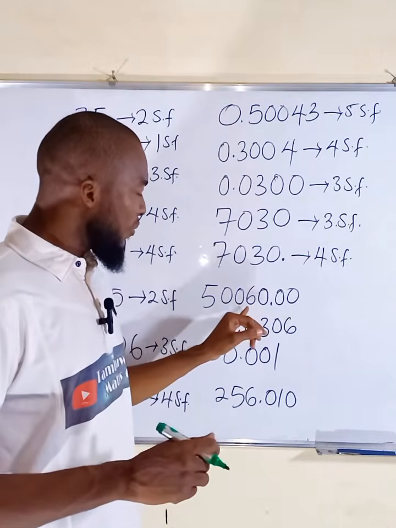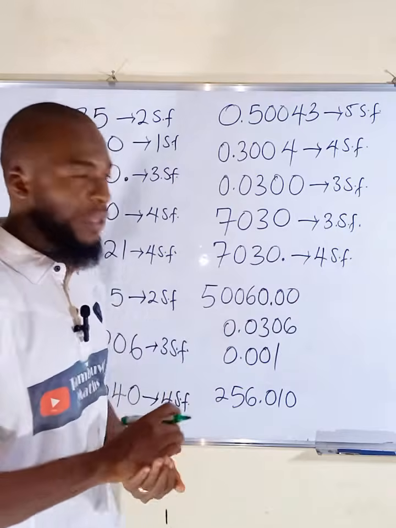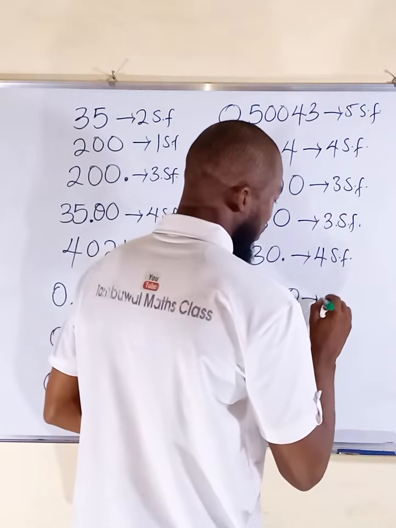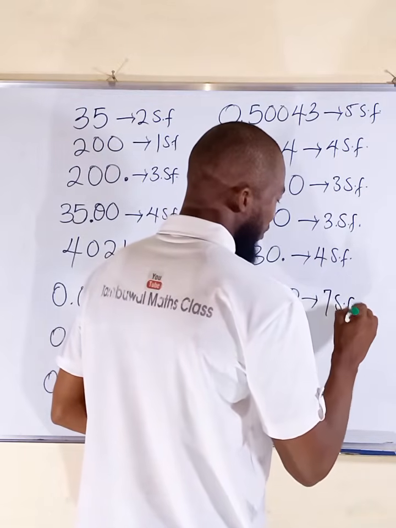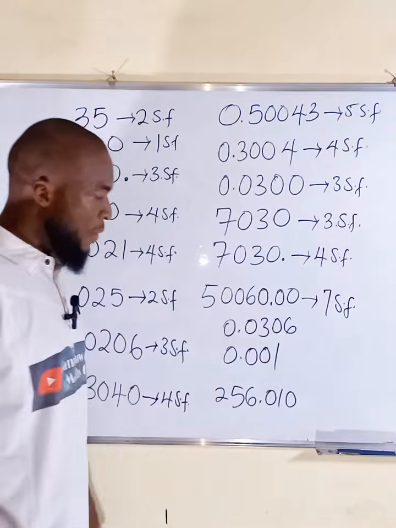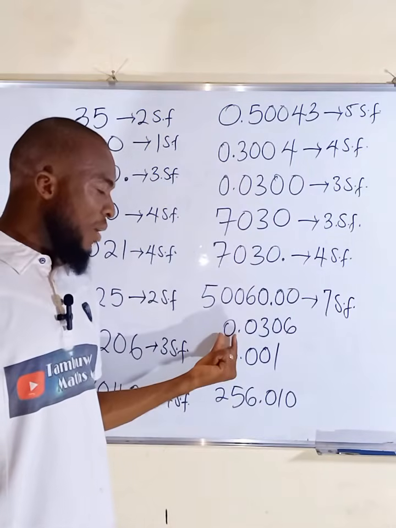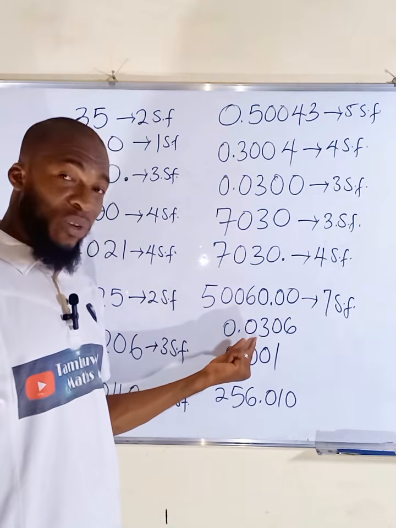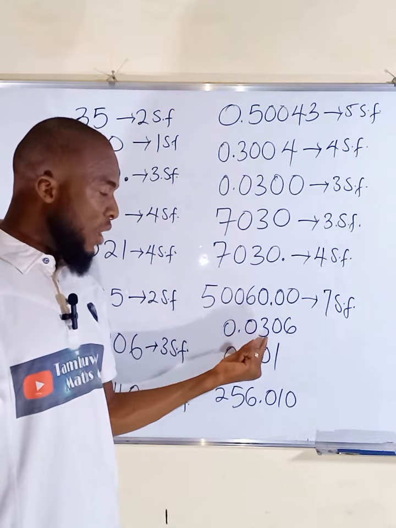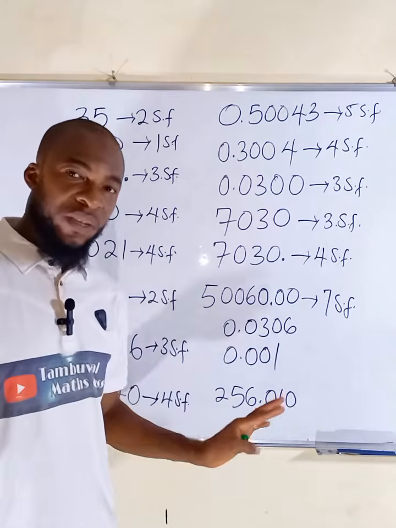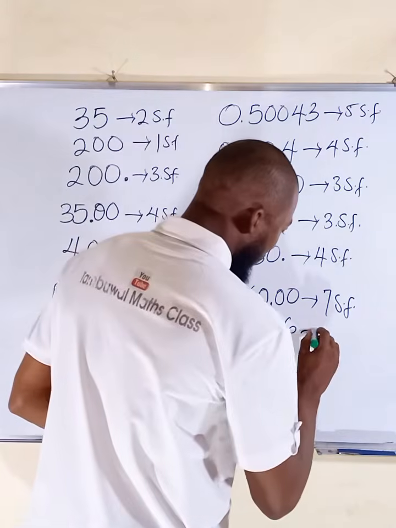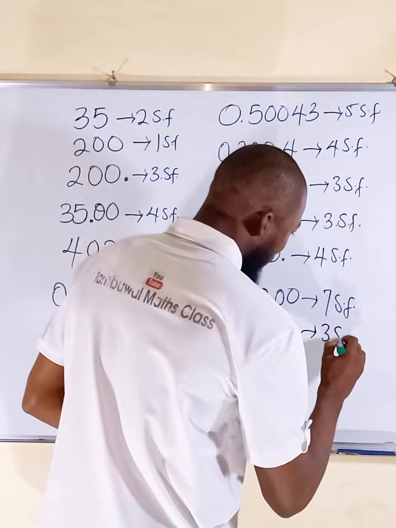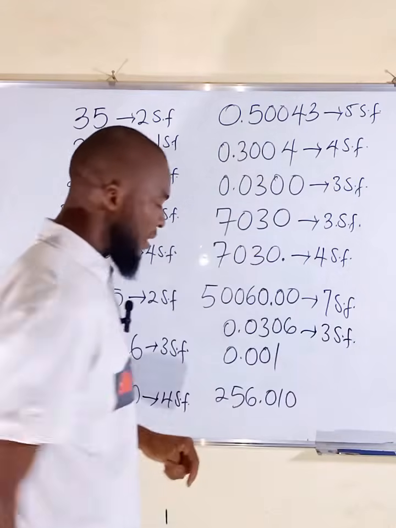Therefore, 1, 2, 3, 4, 5, 6, 7 are all significant figures. We have 7 significant figures. Here we have a leading zero which is non-significant. This one is also a leading zero. 1, 2, 3 are all significant. So we have 3 significant figures.